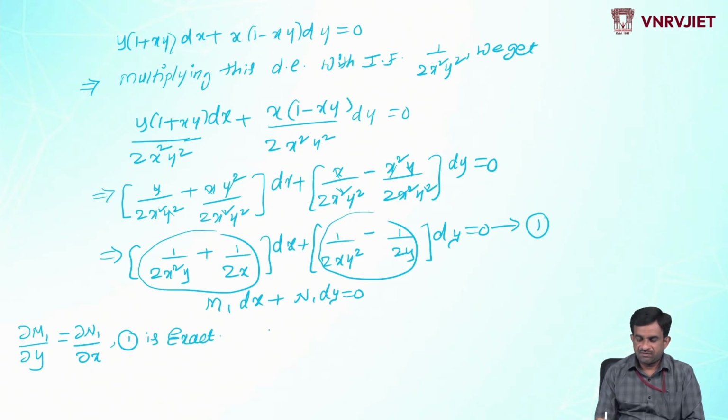Once it is exact, we can write the general solution as integration of M1 dx plus integration of N1 dy is equal to c.